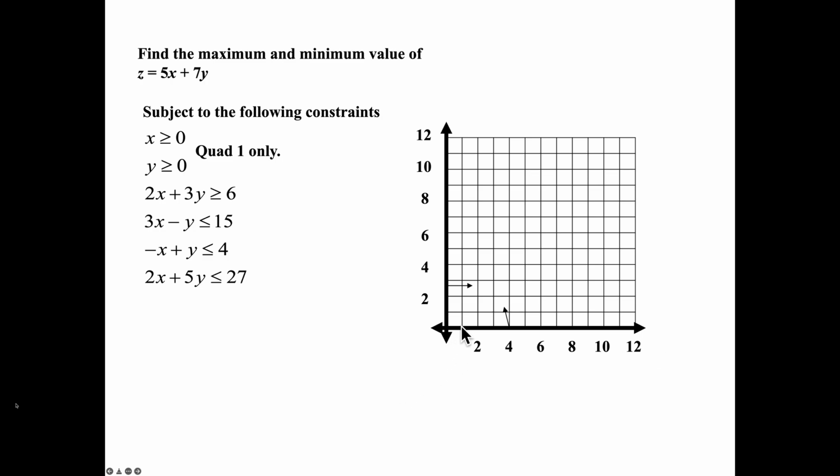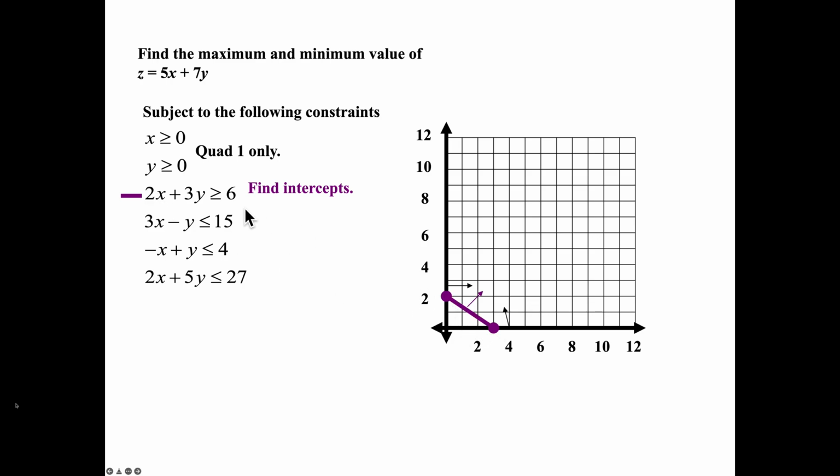All right, all my x's are counting by 1s. All right, let's take care of this first line right here. 2 and 3 divide into 6, so let's find the intercepts. Cover up the y, 2x equals 6, x equals 3. Cover up the x, 3y equals 6, y equals 2.